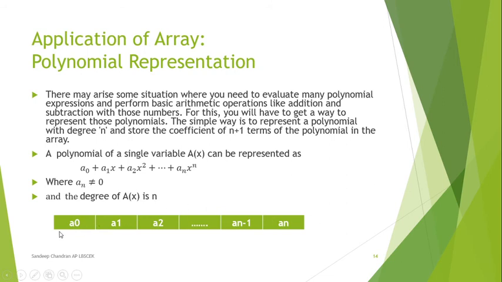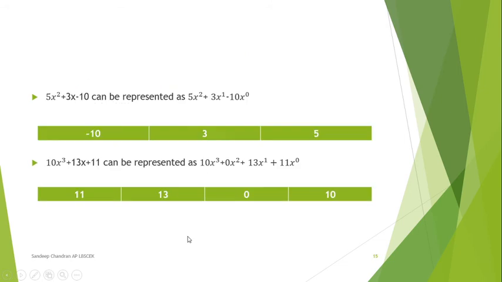Only thing is, we represent the coefficients here. X raised to 0's coefficient will be represented in the 0th location. X raised to 1's coefficient will be represented in the 1st location. X raised to 2's coefficient will be represented in the 2nd location. Like that, it will be represented.